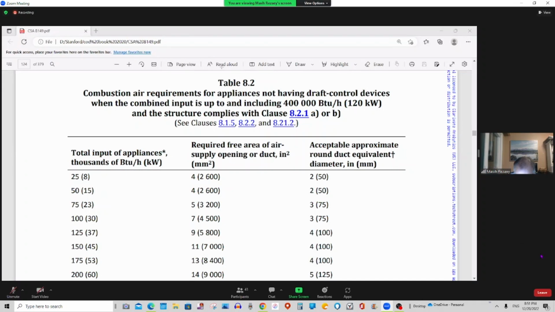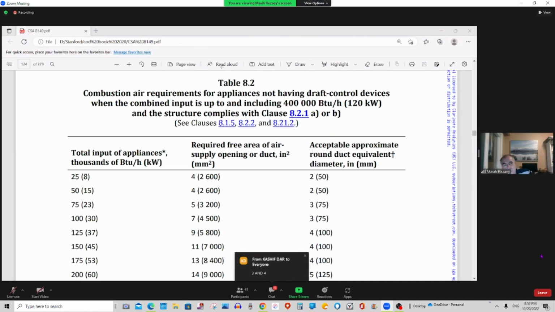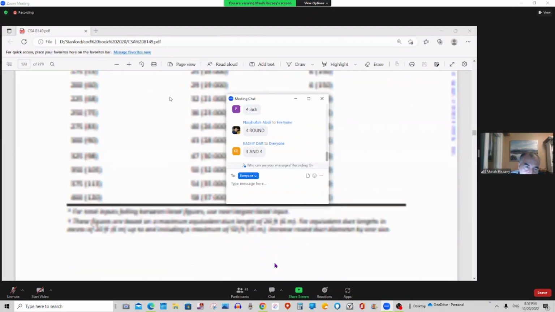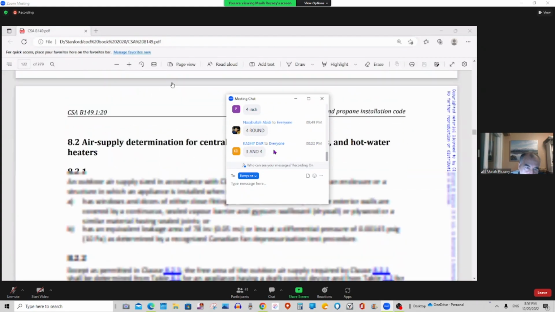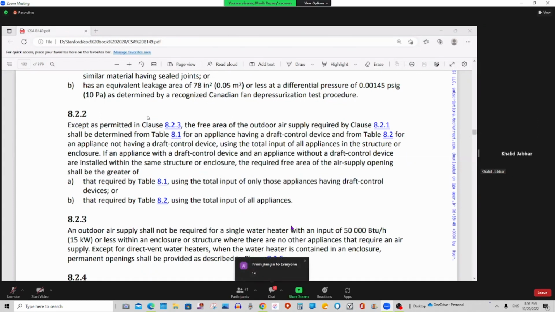What opening do I require for this structure if it complies with 8.2.1 A and B? To solve this problem, you have to read this 8.2.2 that we did before. You have to read it carefully. Do you want me to explain?